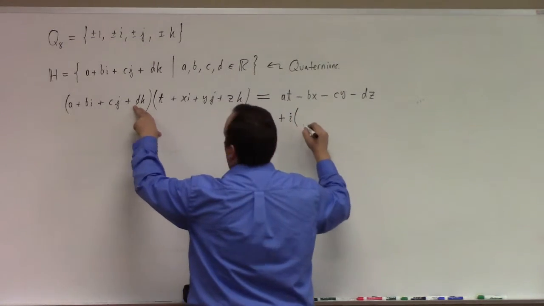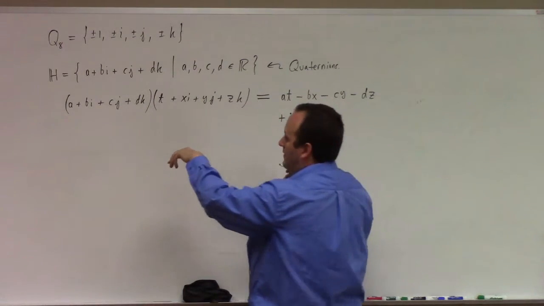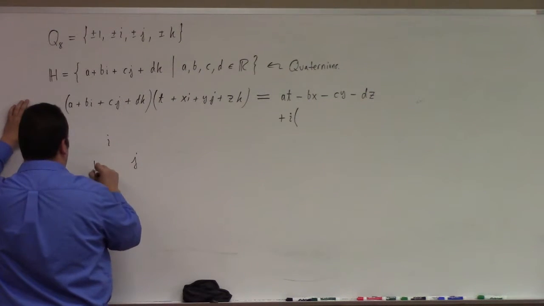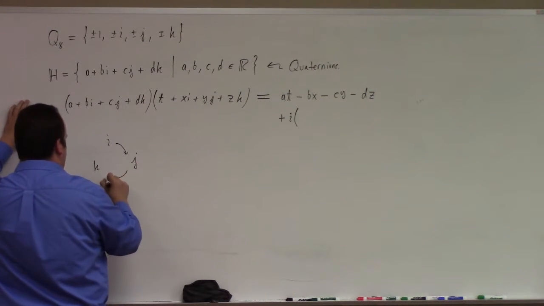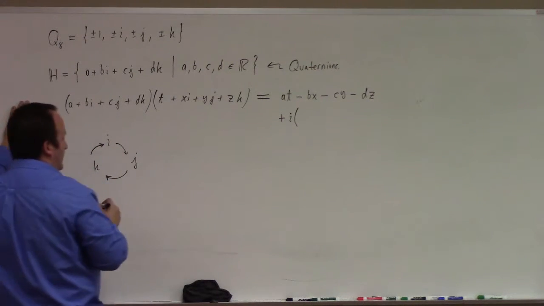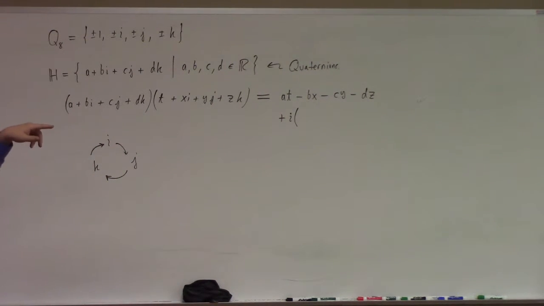How do I get i? Here's the thing: i, j, and k are like a circle. This is just like Calc 3. In fact, the ijk notation in Calculus 3 comes from this. These are Hamilton's quaternions, which we used for vector analysis before we had vectors. When vector analysis came along, they borrowed the ijk notation from Hamilton's quaternions, and it persists to this day as a very poor notation for vectors.